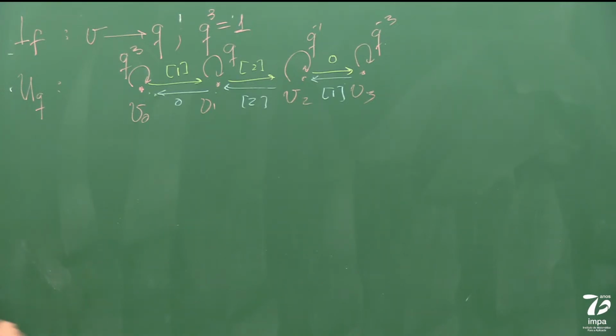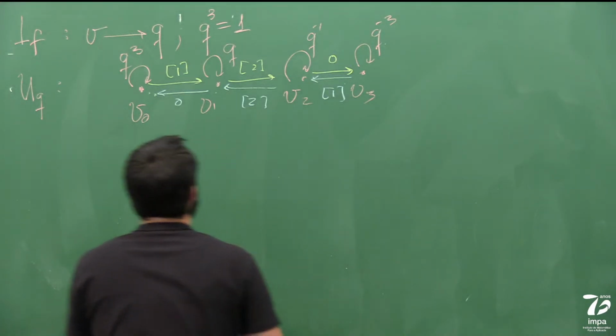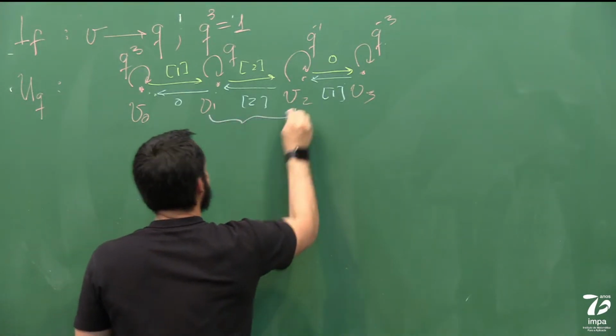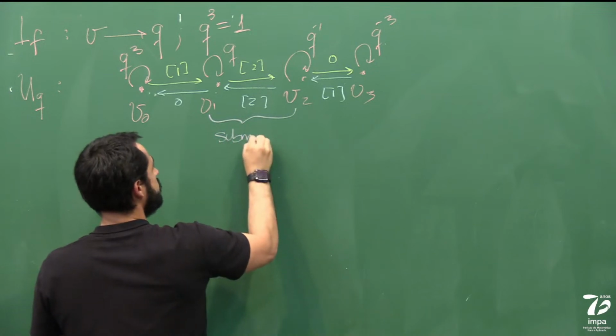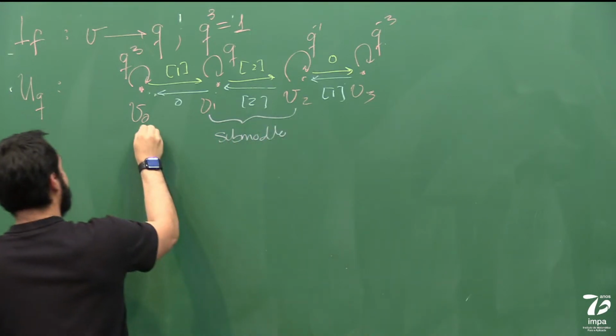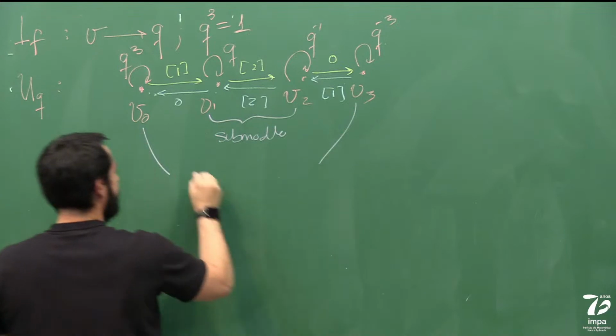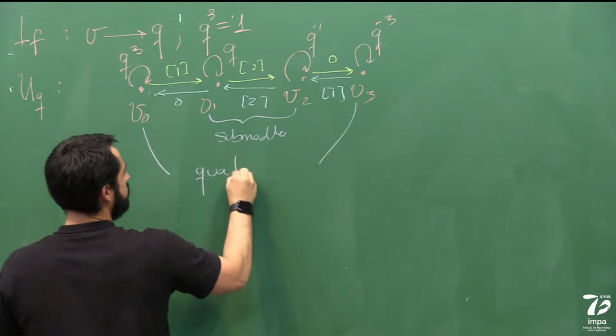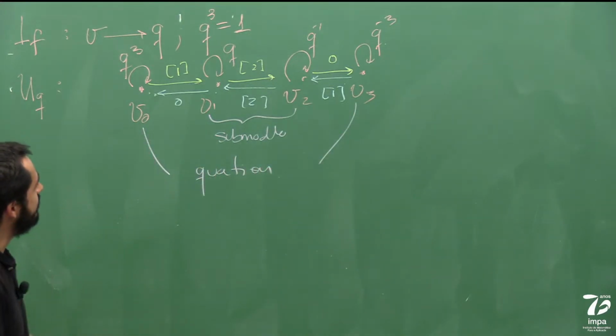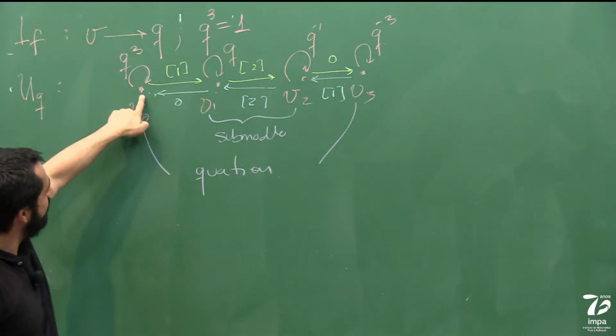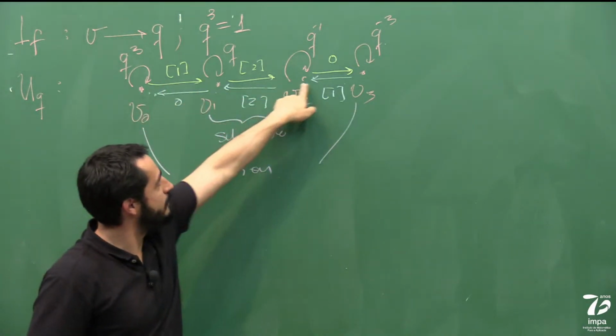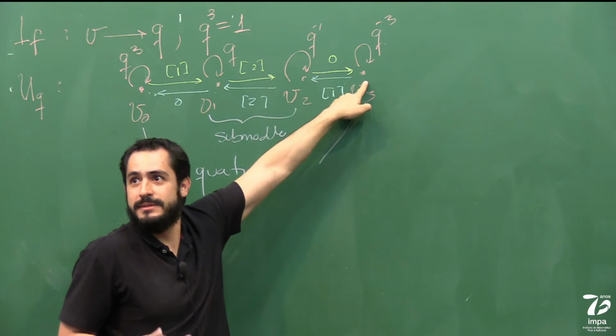In this module, this part is a submodule. And this guy is a quotient. What's happening? If you start with this guy, you can go here, here, but not here. So you are missing information.